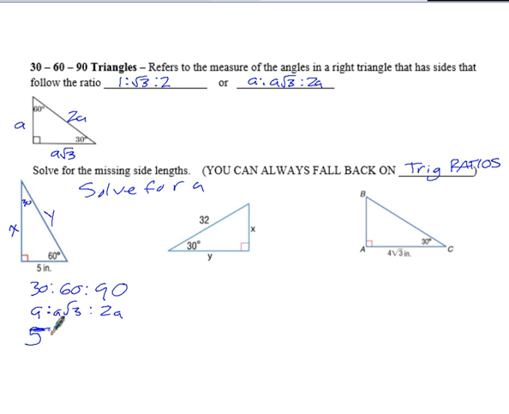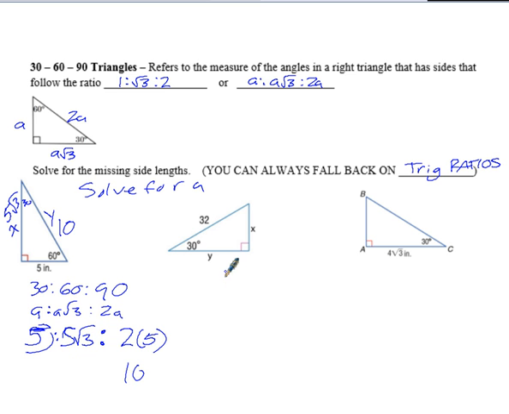So now to solve for these two missing side lengths, what's across from 60 and what's across from 90, I just fill in 5. So this one would be 5 square root of 3, and this one would be 2 times 5, which is 10. So the hypotenuse would be 10 and the side opposite 60 would be 5 square root of 3.